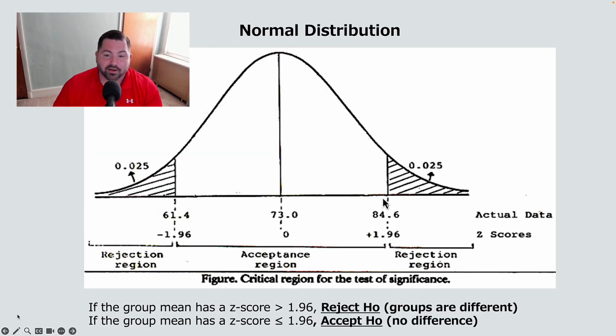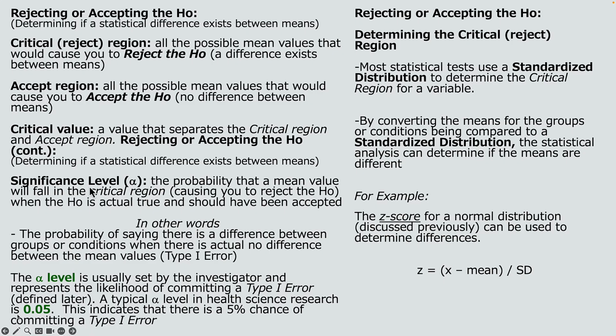So the likelihood of a z-score falling at 1.96 or more extreme, positive or negative, is a very, very low probability of less than a 2.5% chance above and below the mean, which we determined from the alpha level, which was p less than 0.05.